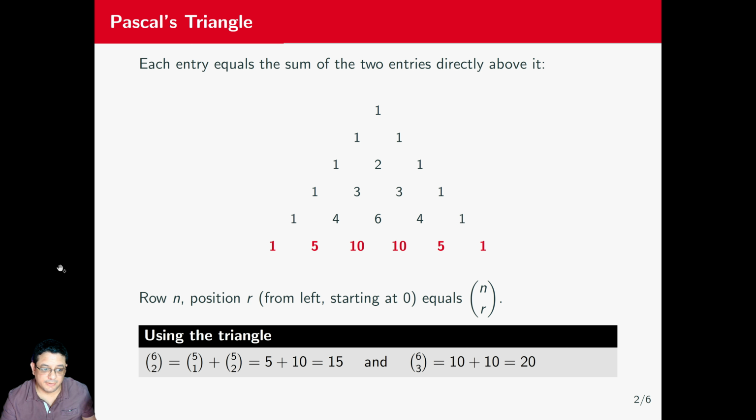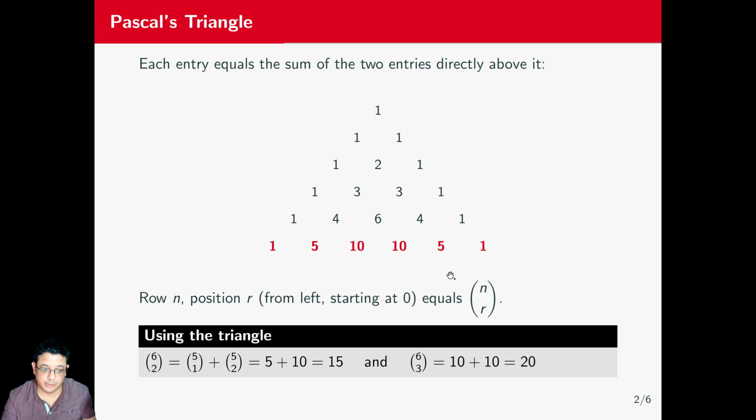Now the idea is that row n, position r from the left starting from 0, is going to equal n choose r. So for example, this is row 0, row 1, row 2, row 3, row 4, row 5. And so we're going to get next the row 6, which will be the combination of the previous elements.